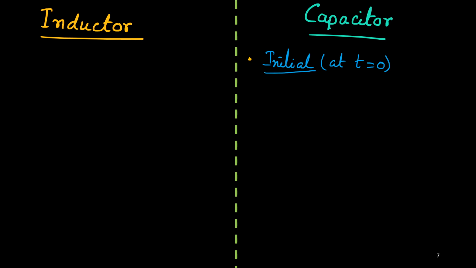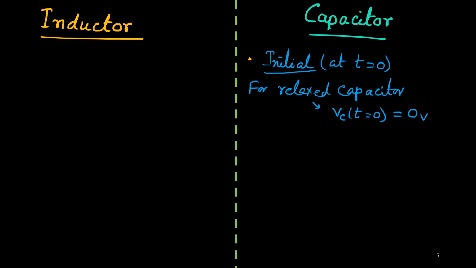If we assume a relaxed capacitor, it means that initially the capacitor voltage was 0, so VC at t equals 0 is 0 volt.